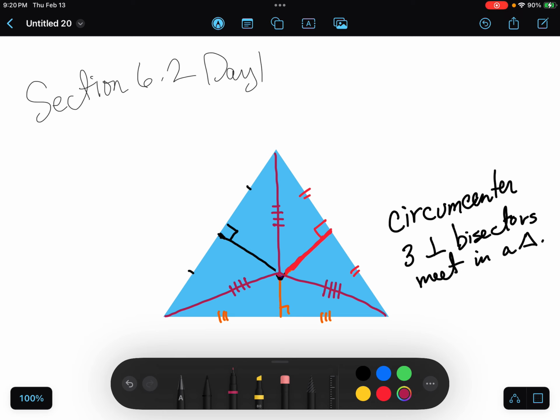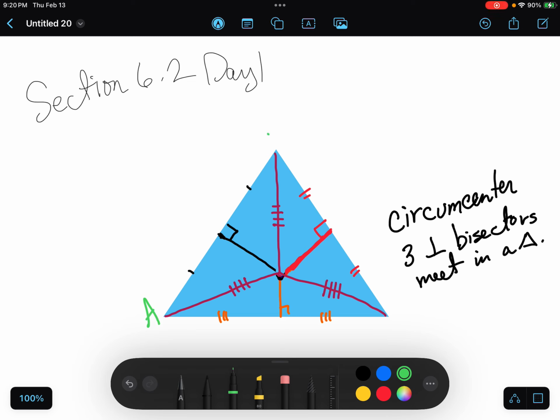So what you're going to do on your worksheet for these first ones, you're going to find some measurements. I know that looks kind of goofy and weird, but they're going to be giving you a bunch of different numbers. So let's put this in green here.